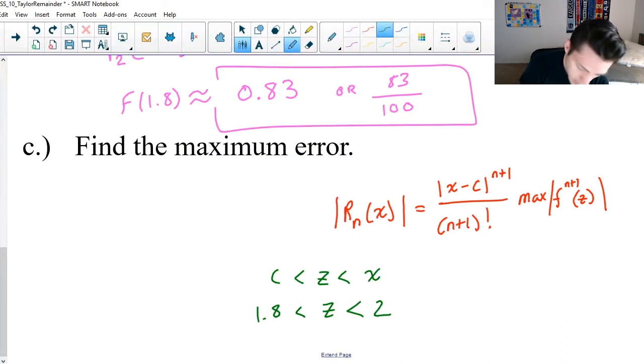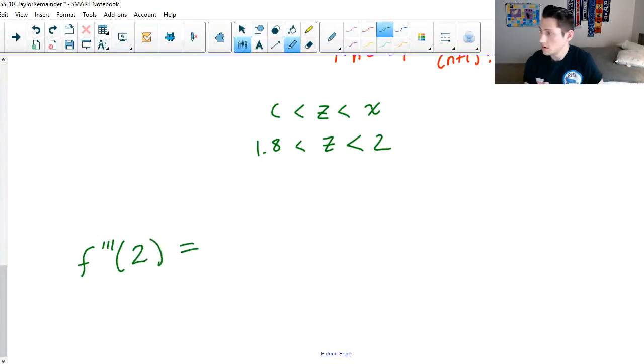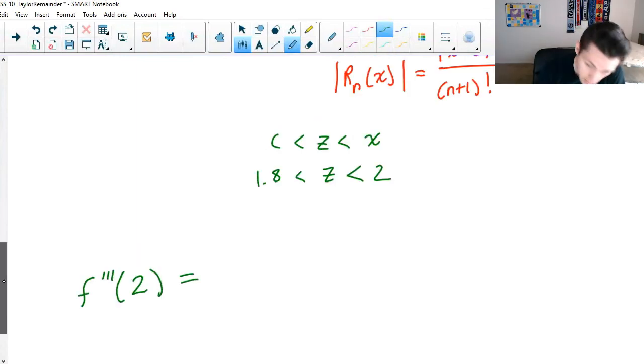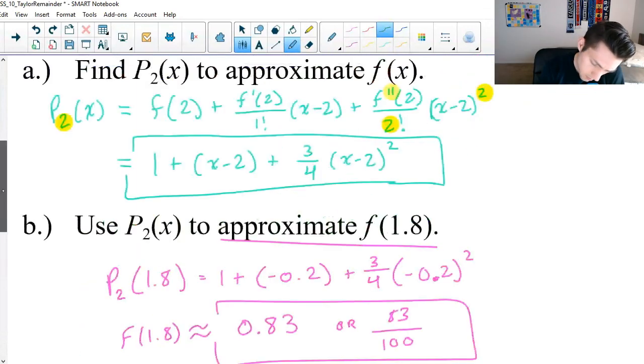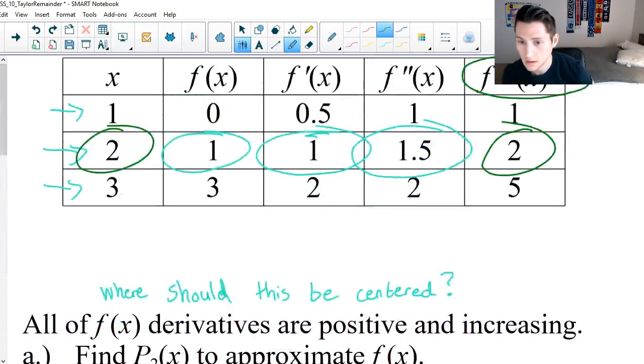But we actually know specifically the third derivative at 2, let's go up to our table, is 2.